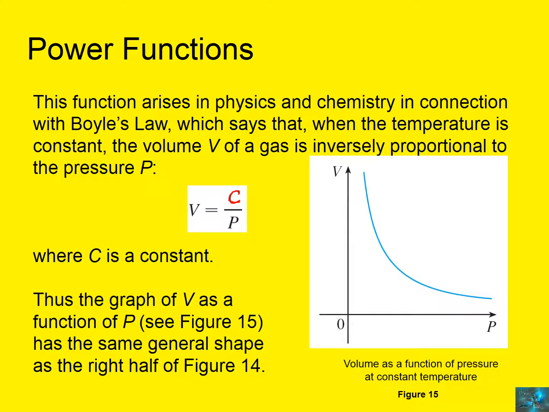Thus, the graph of V as a function of P has the same general shape as the right half of Figure 14, the rational parent function.